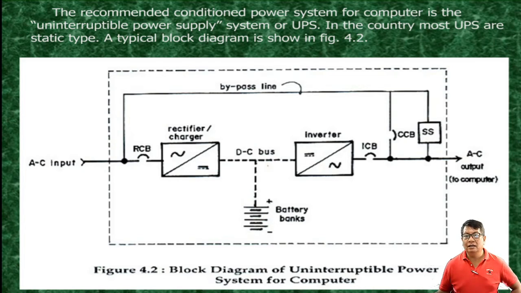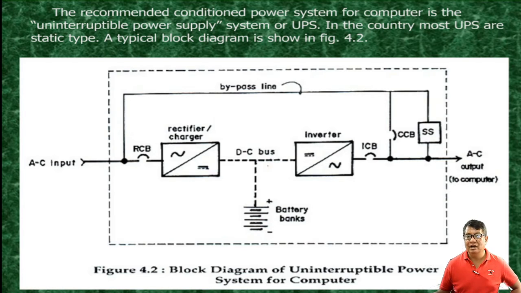Okay, so this is the simple block diagram, as suggested. We have an AC source here. We have an RCB here. Okay? So, we have a rectifier charger here, or charger, to charge our battery from time to time when it runs. Then we have this DC.